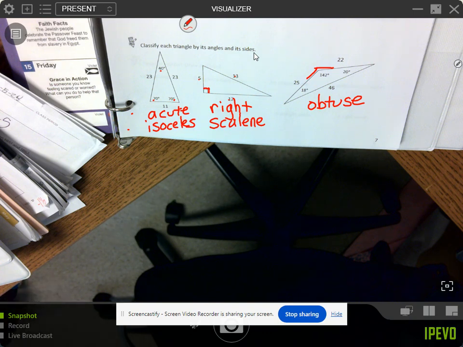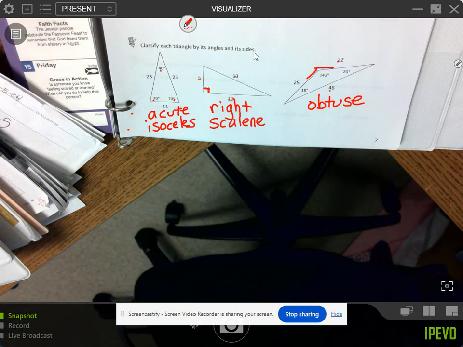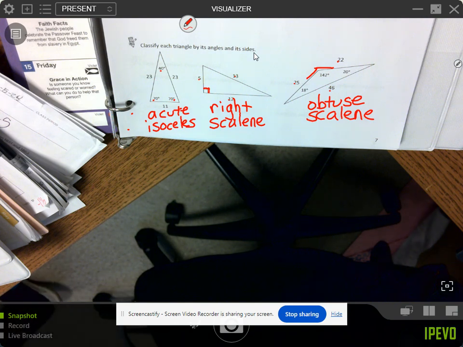What type of side triangle is that, Jimena? Scalene, because 46, 22, and 25 are all different. So it's an obtuse scalene triangle. Any questions on how to classify our triangles?